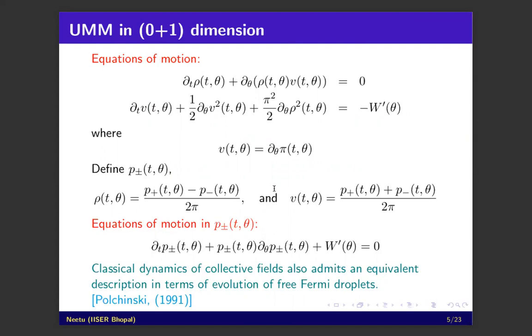Polchinski in 1991 showed the equivalence of these fermionic and bosonic pictures. He showed that the classical dynamics of these collective fields also admits a description in terms of the evolution of free Fermi droplets. And we'll also see that here.